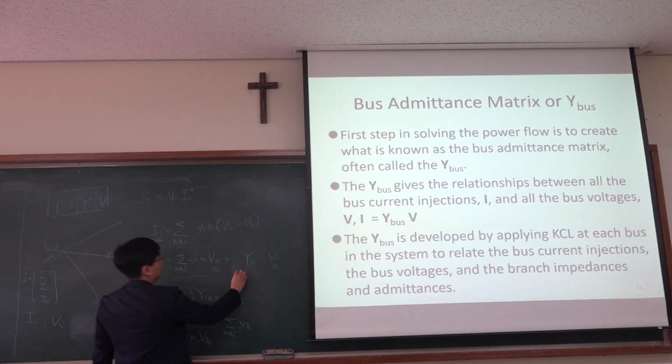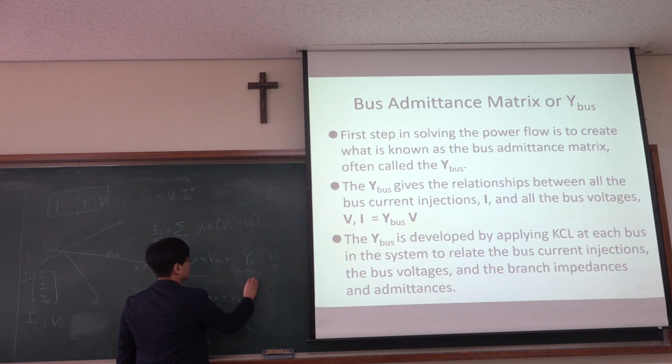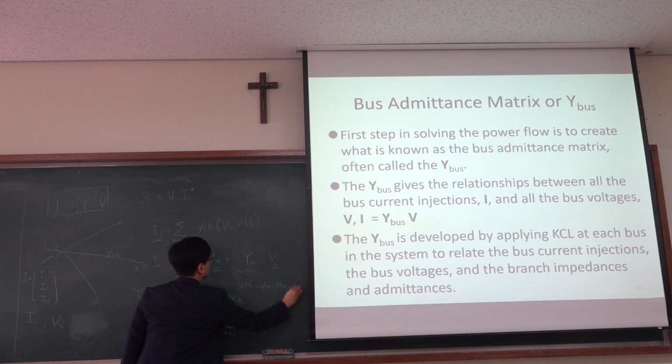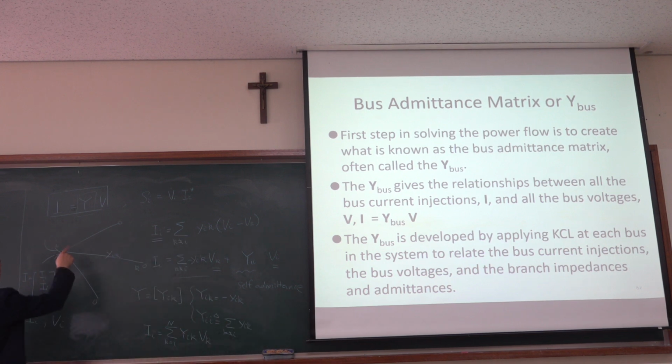So this term is called self-admittance. The meaning of self-admittance is the summation of all the admittances of the lines connected to bus I, including bus I itself. You can easily assume that we have some reactance component here.